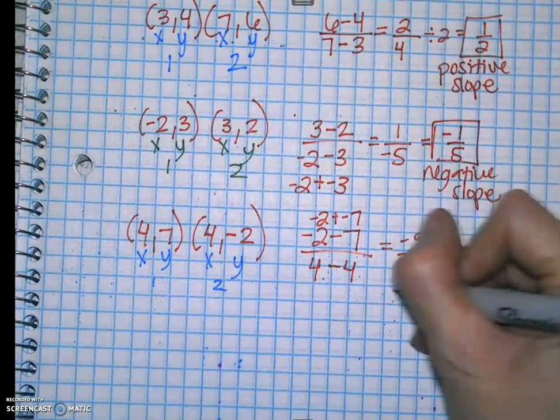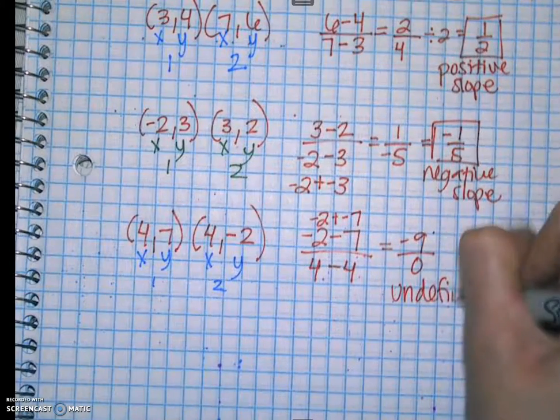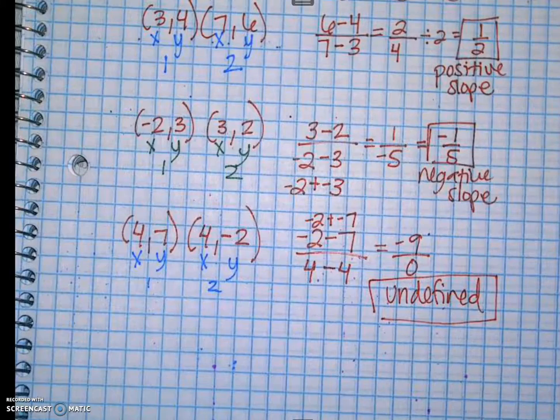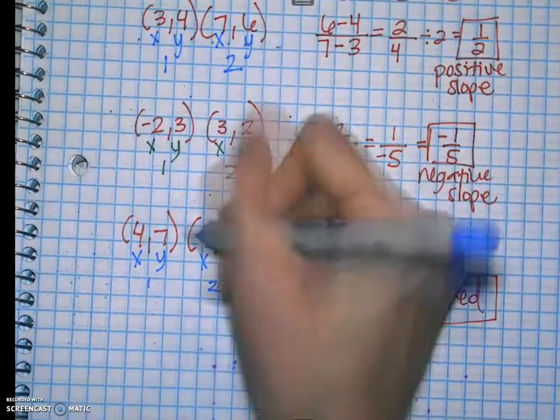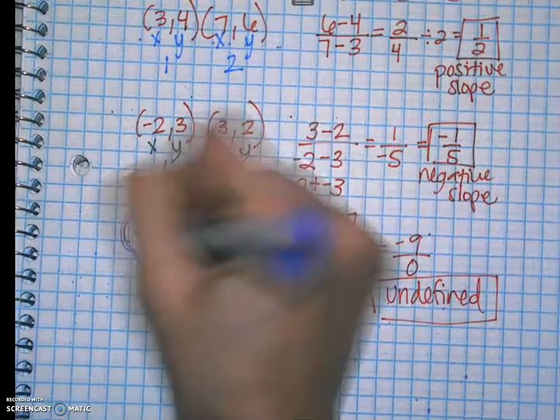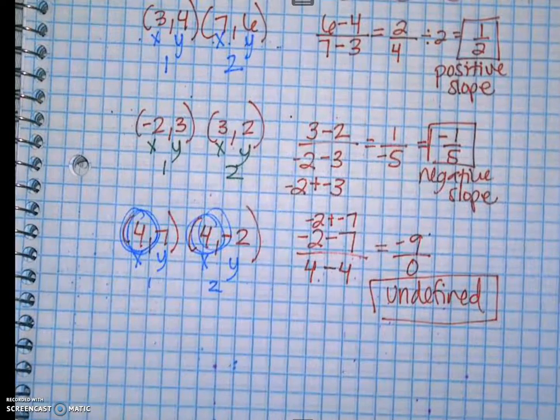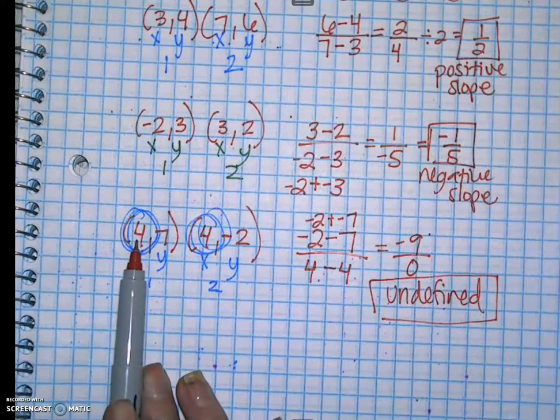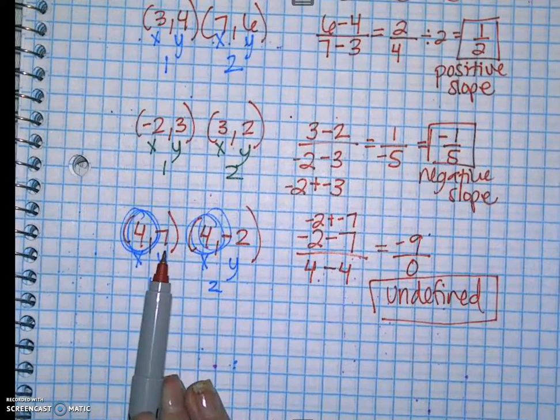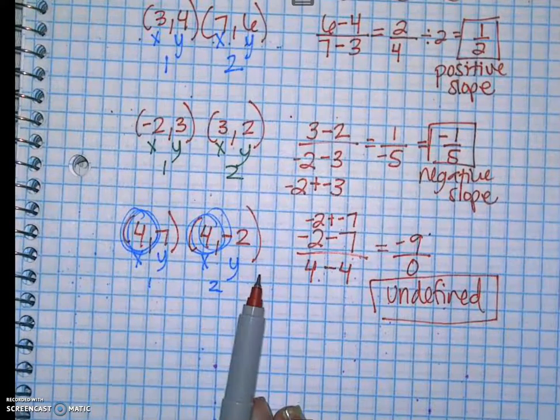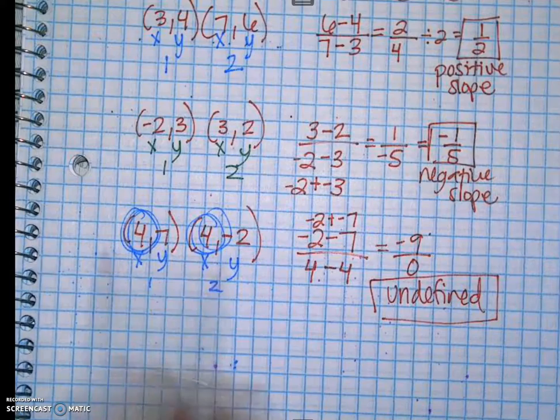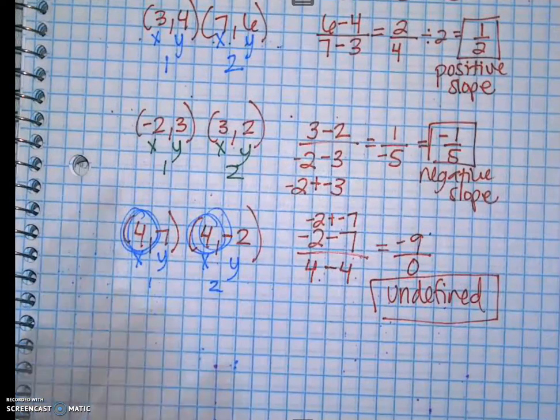Your answer is undefined. And guys, a huge, huge hint. When your x's are the same, that means it's going to be undefined. Because if you think about it, if you plotted those 2 points, 4, 7 is going to be on the exact same line as 4, negative 2. And because the x's are the same, it's just going to go straight up and down.